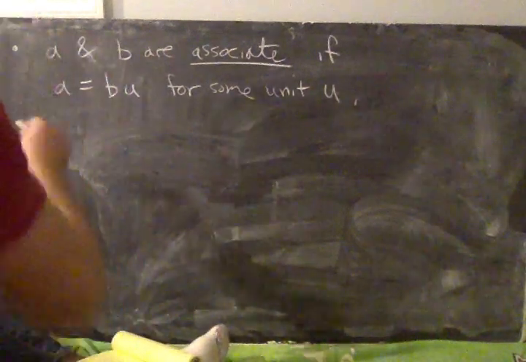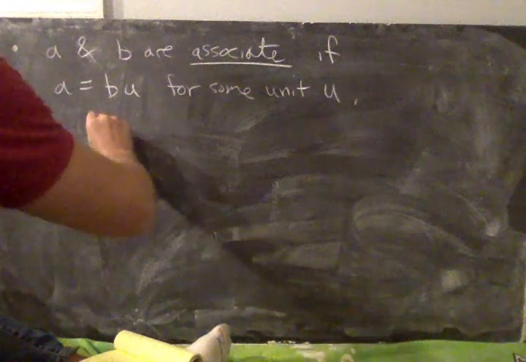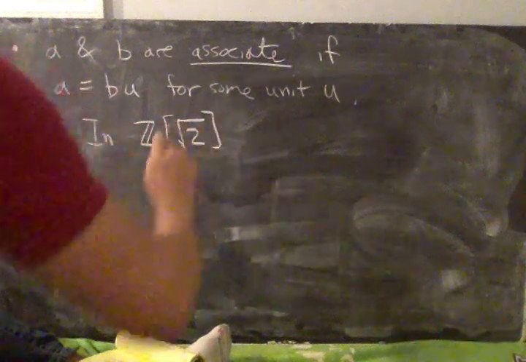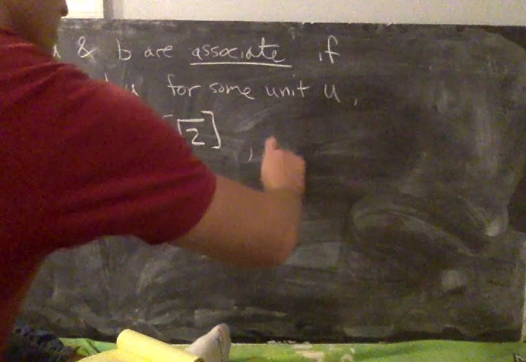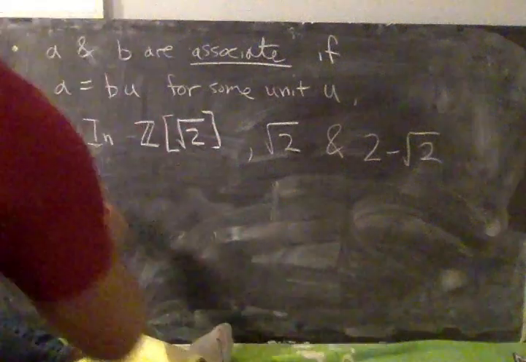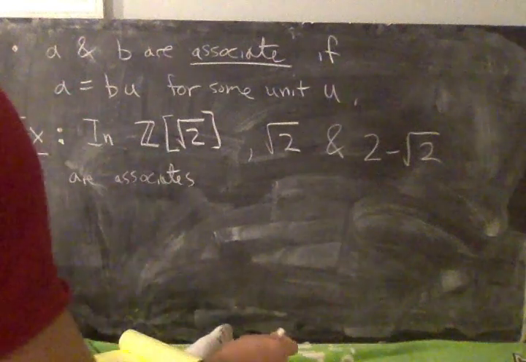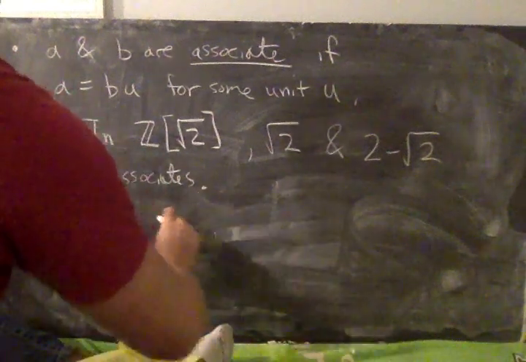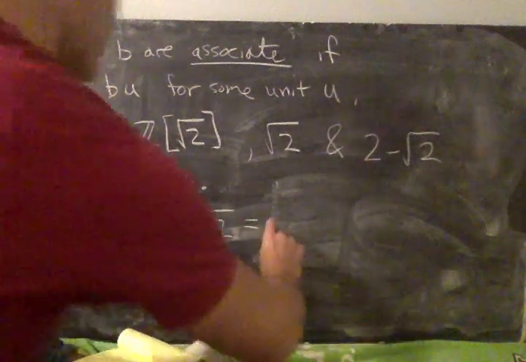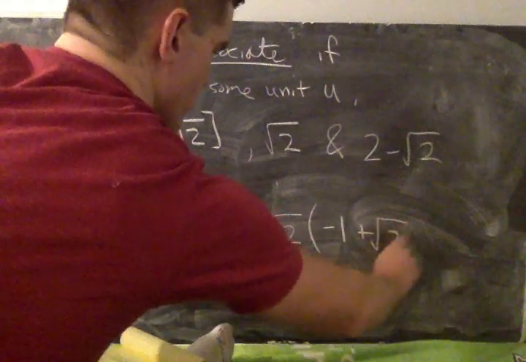Right, so here's an example. In Z adjoining the square root of 2, square root of 2 and 2 minus the square root of 2 are associates. And why is that? Well, if I factor square root of 2 out of 2 minus the square root of 2, I find this is square root of 2 times negative 1 plus square root of 2.